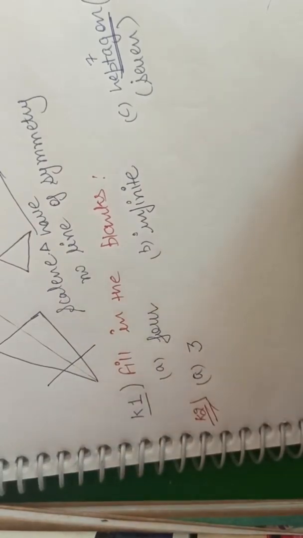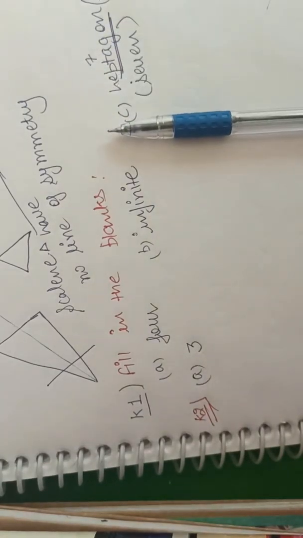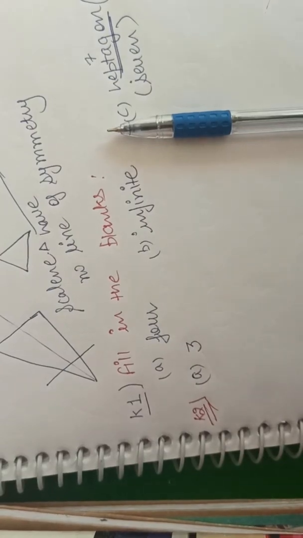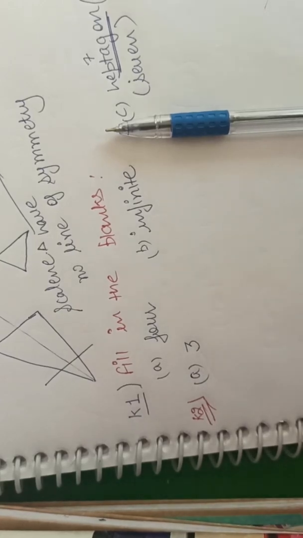So it has 3 lines of symmetry, as we have studied that in a regular polygon the number of lines of symmetry is equal to the number of its sides. An equilateral triangle has 3 sides, so that's why its lines of symmetry are 3, right?